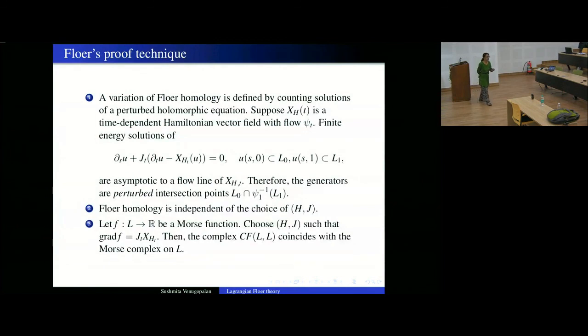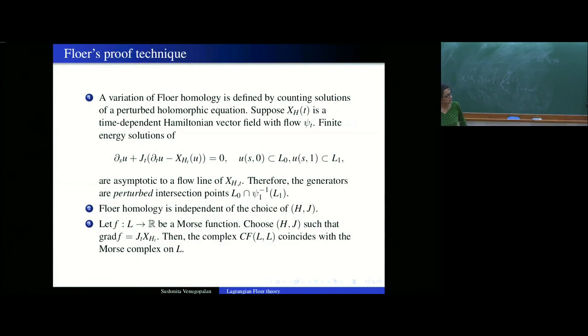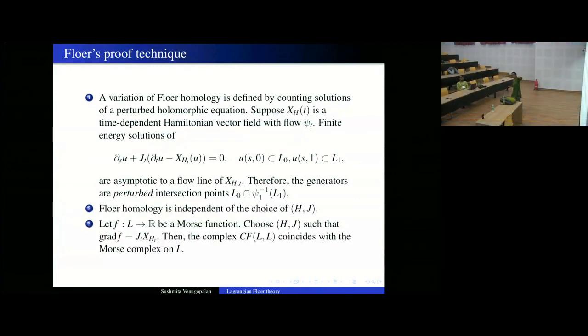They differ from the ordinary ones in that they won't be asymptotic to an intersection. Instead, they would be asymptotic to chords, which are basically flow lines of the Hamiltonian vector field.